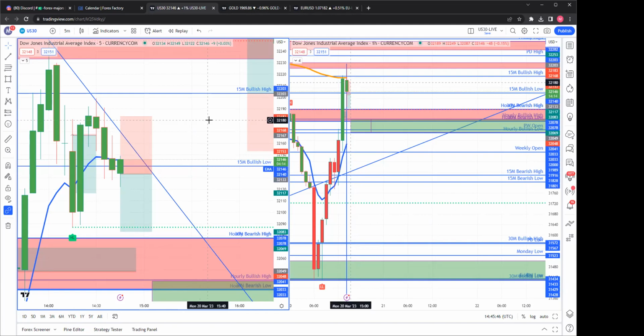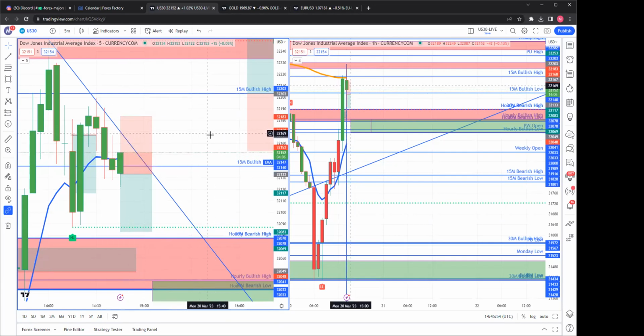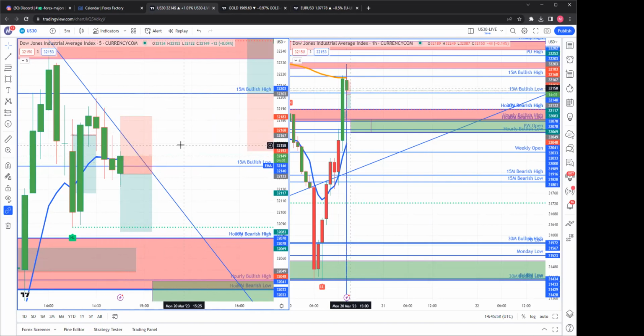You shouldn't have been risking the profits we made. But price can come up and retest this trend line. And personally, if it comes up and retests this trend line, I'll get in for an impulse and then ride price back down. But so long as price is away from the trend line, I'm just going to let this trade ride.